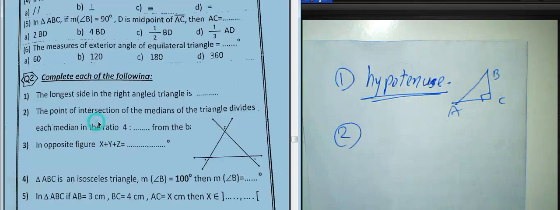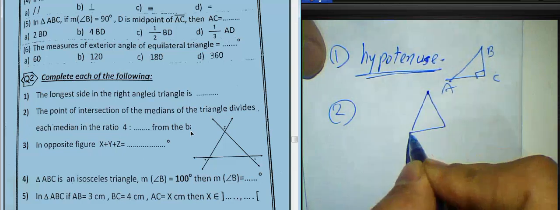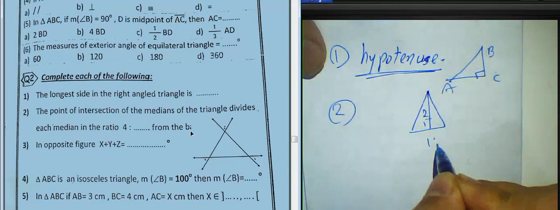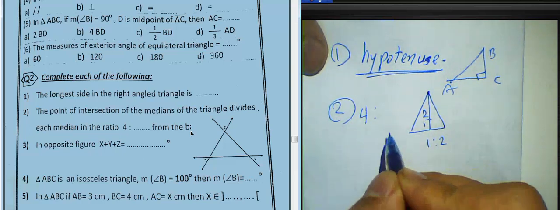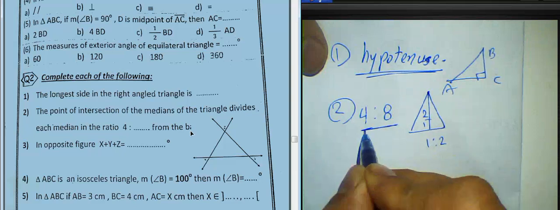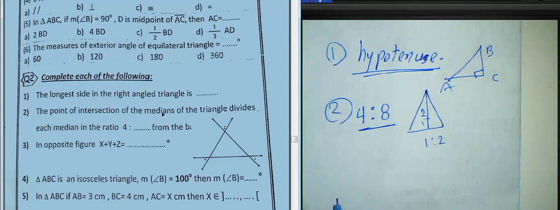Question number 2. The point of intersection of the medians of a triangle divides each median in the ratio 4 to blank from the base.